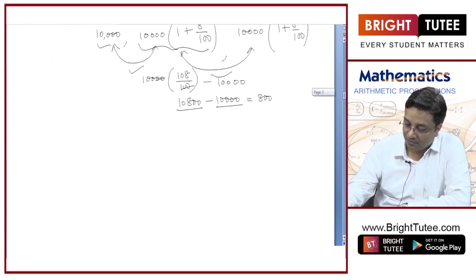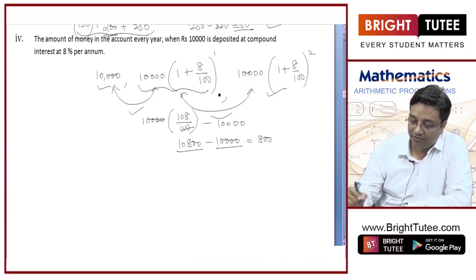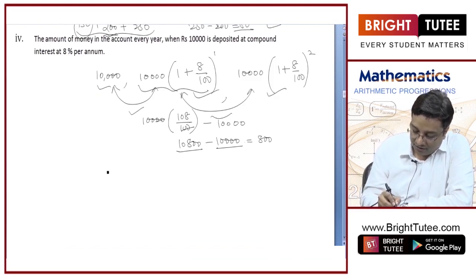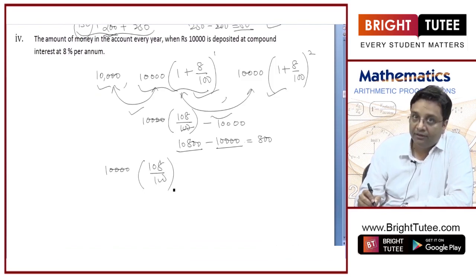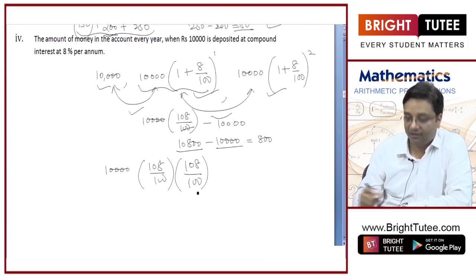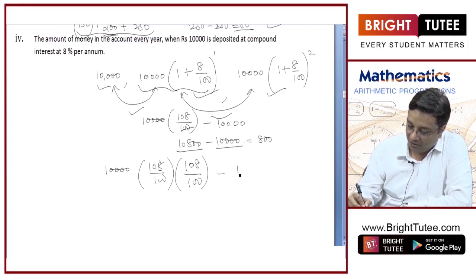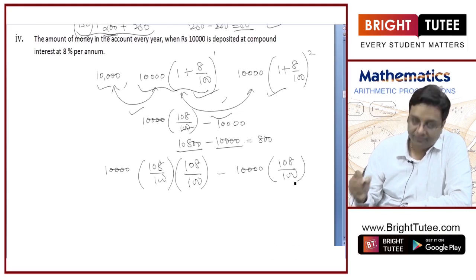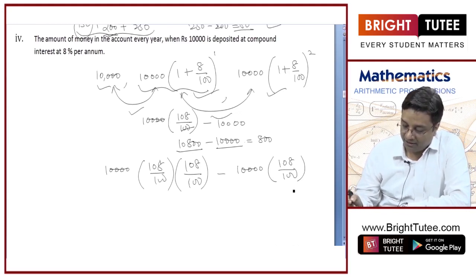Now, what is the difference between third term and second term? Third term is 10,000 into 108 by 100 squared. So we can write it as 108 by 100 into 108 by 100 minus the second term, which was 10,000 into 108 by 100, right? Now to subtract these, we can take common and then subtract easily. We don't have to multiply these terms.